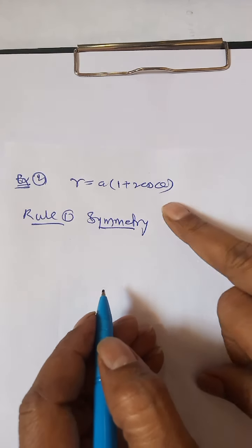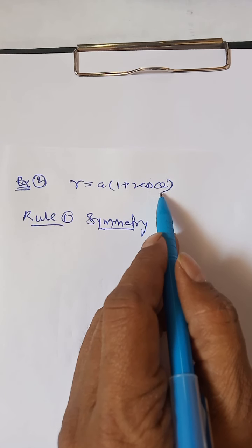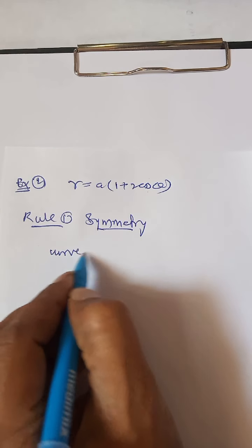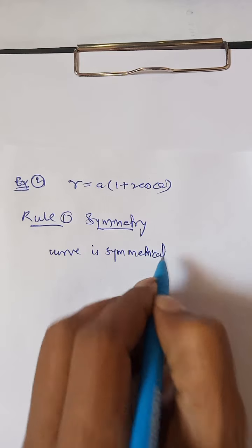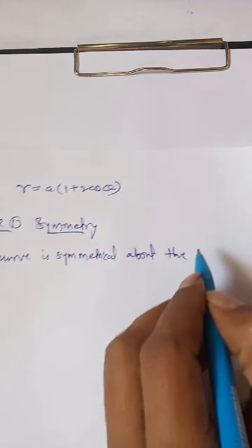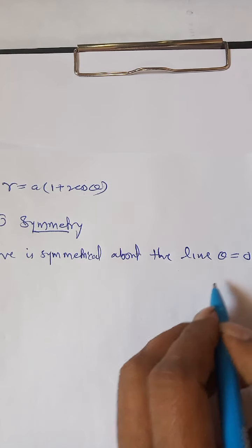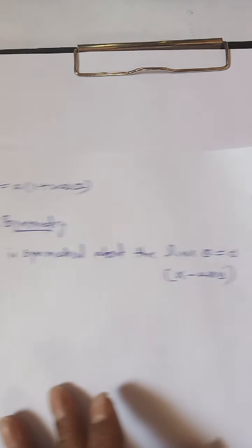So replace theta by minus theta. Here cos of minus theta is cos theta, so the equation remains unchanged. Therefore the curve is symmetrical about the line theta equals to 0, or you can say x-axis.